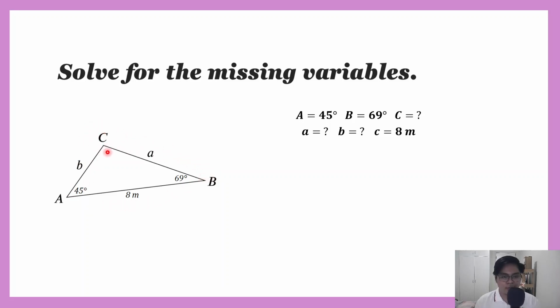So by solving for C, we have C equals 180 minus A minus B, or simply 180 minus 45 minus 69 equals 66. Now we have the values of angles A, B, and C, and side c.